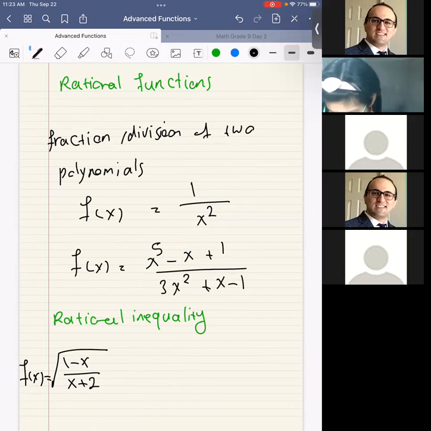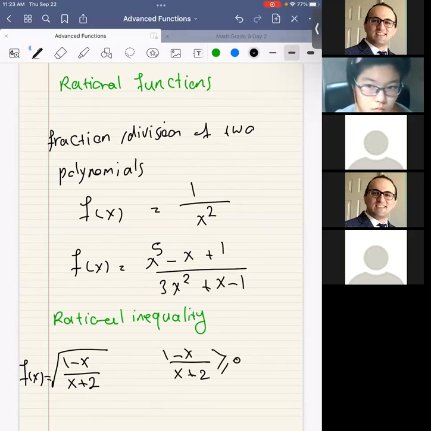So inside the square root, it should be greater than or equal to 0. So 1 minus x over x plus 2 has to be greater than or equal to 0 because of the square root restriction.